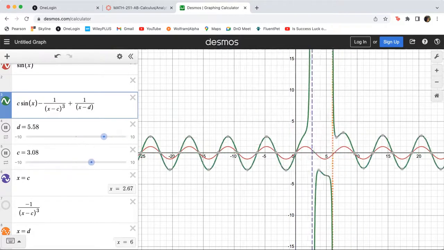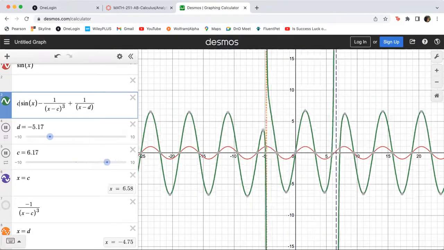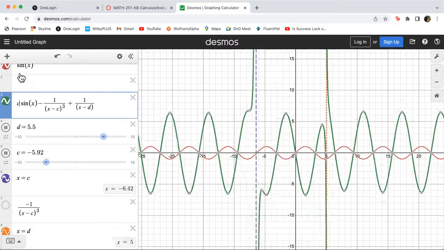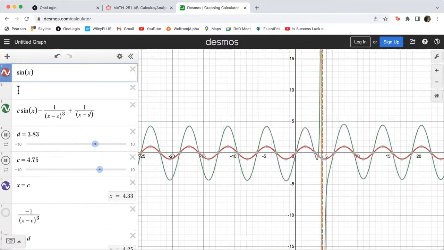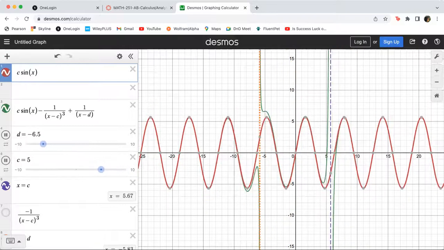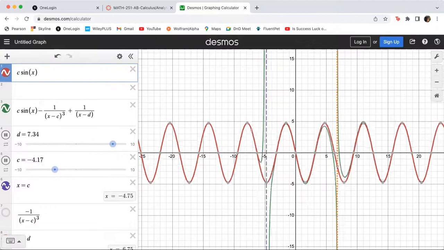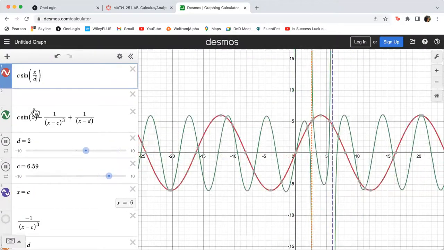Now we can really mess with things. Now I'm altering the amplitude. Oh, there, now the amplitude is being altered at the same time. Now I'm just being ridiculous.